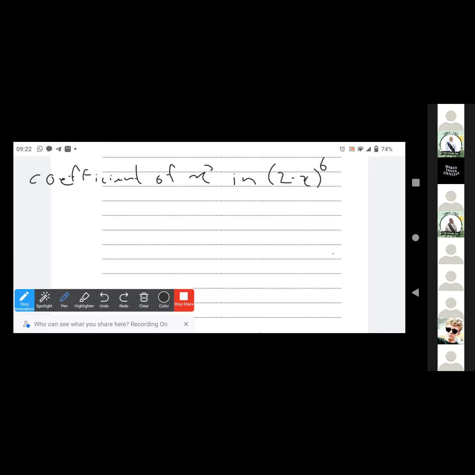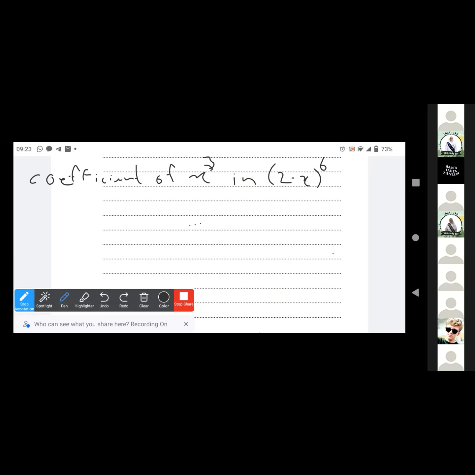So one way we can do is to use the form of each term. We want the coefficient of x cubed, so what we want is a term in 2 minus x to the power of 6 that looks something like this.